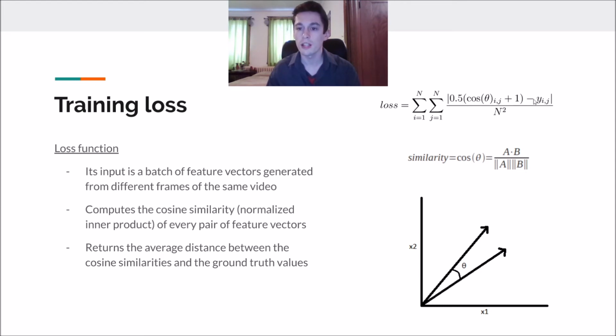The result is then compared to the ground truth and averaged over the whole batch. This loss function allows the model to learn to generate similar feature vectors for sequences of the same cardiac phase and opposite feature vectors for sequences of different cardiac phases.